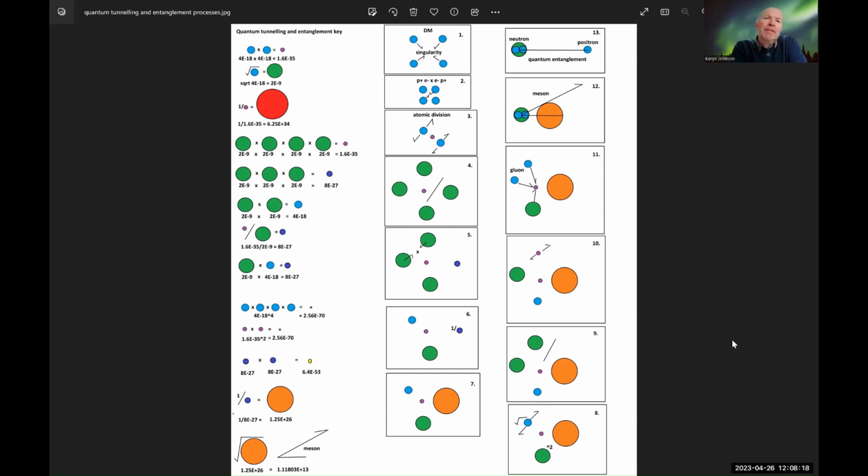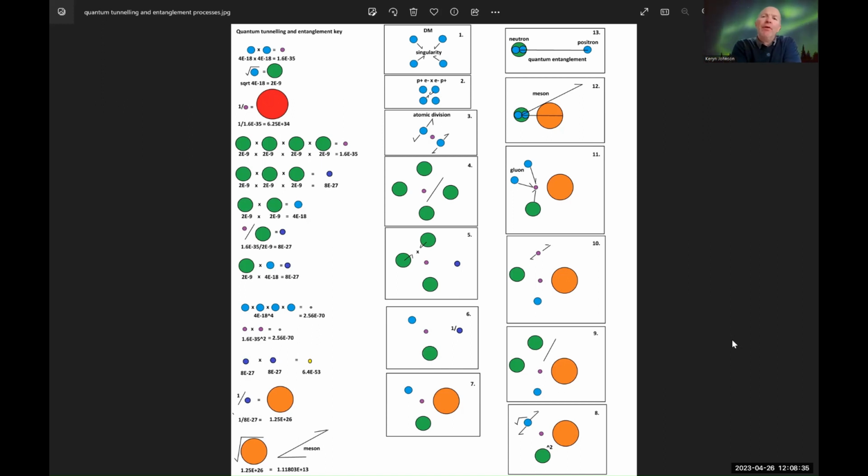And today I'd like to discuss some of the functional attributes for atomic asymmetry and the origin of mass and charge.